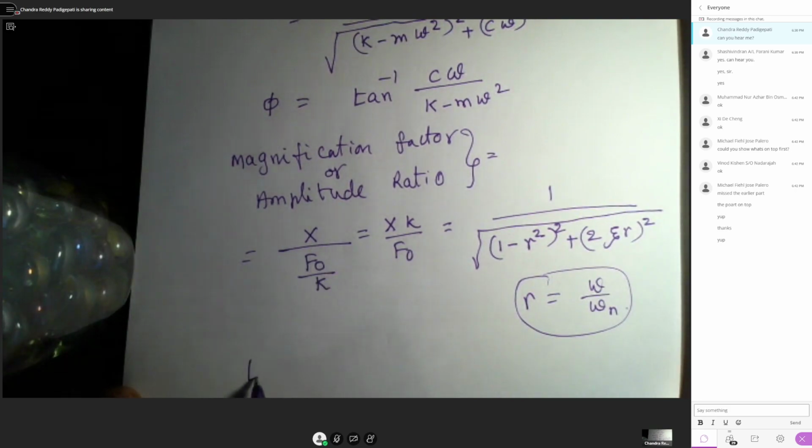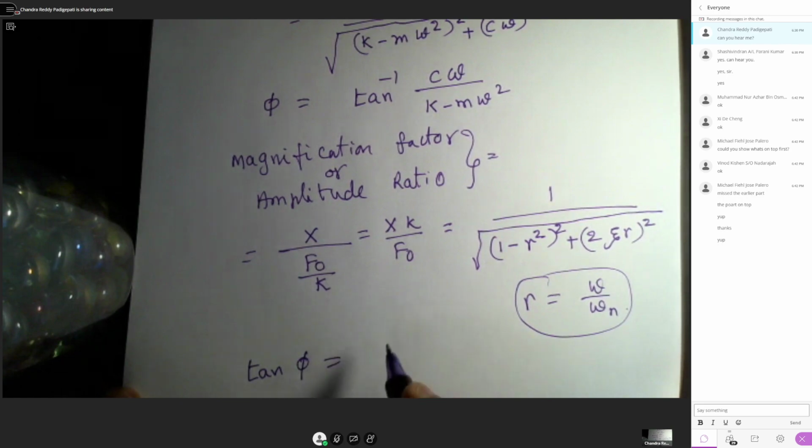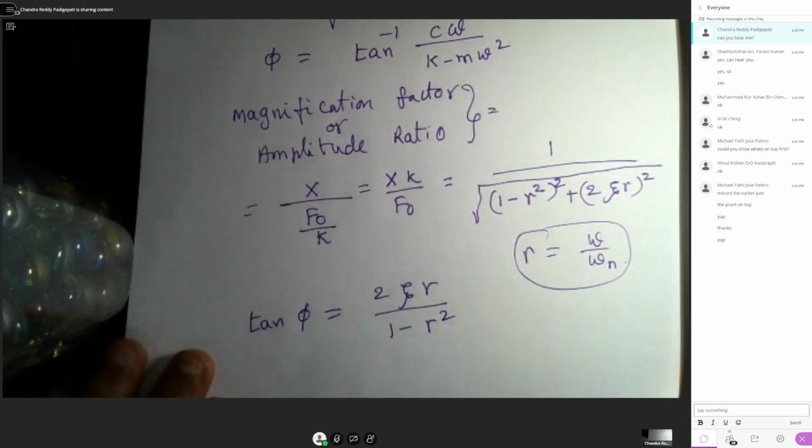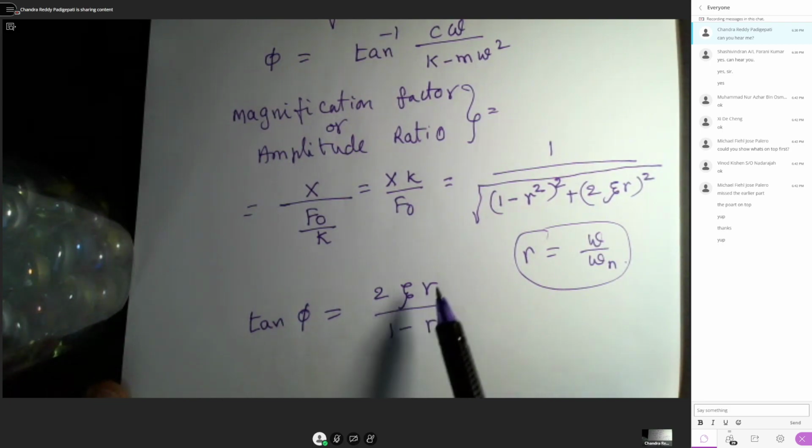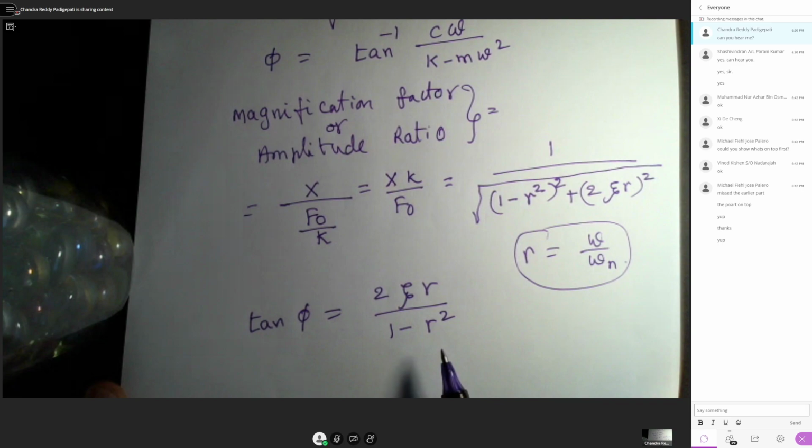Okay, so the phase, we can calculate as tan phi equals 2 eta r over 1 minus r square. So phi you can write as tan inverse of the whole thing.